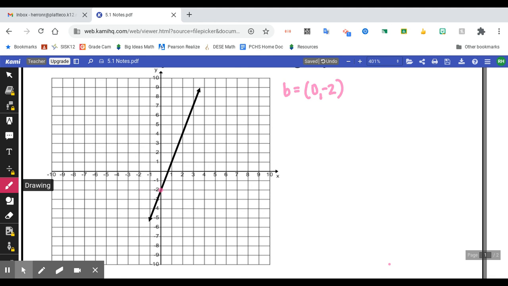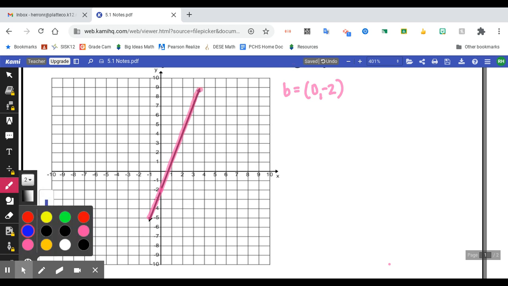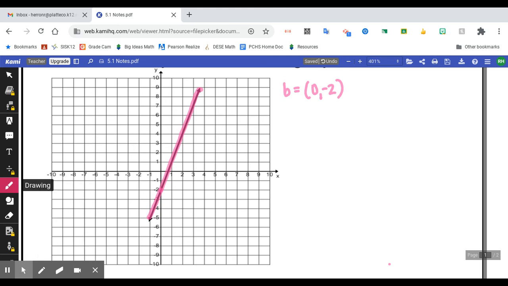Then I also know that I'm looking along this line here for wherever it crosses one of those corners. I need it to have an exact corner. So like right there would work, right here would work, right here. Any of those are fine.